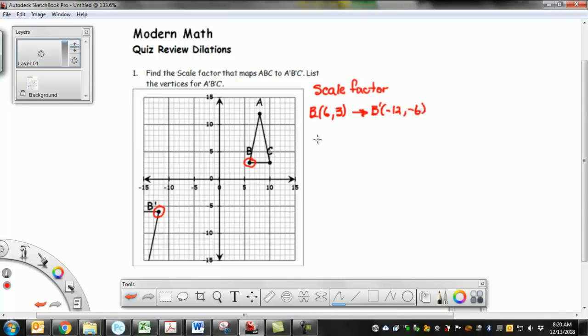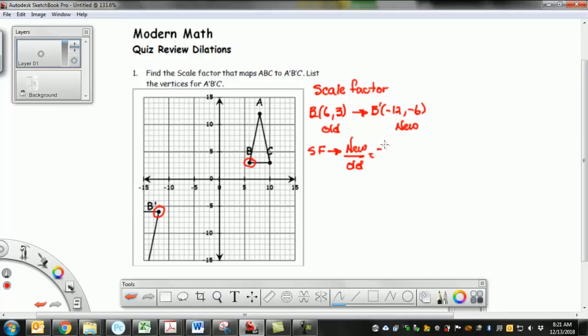Okay, now remember, a scale factor has to do with the old image and the new image. And the scale factor is found by taking a measurement from the new image and dividing it by a measurement from the old image. And what we're going to be using is their ordered pairs.